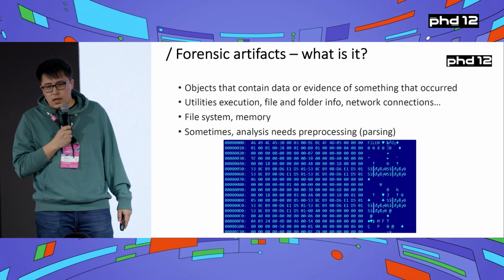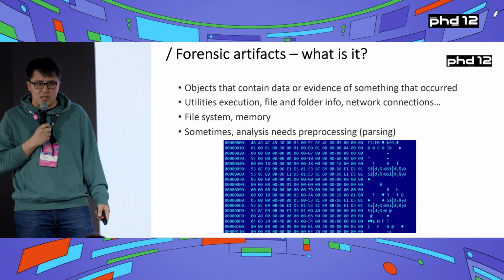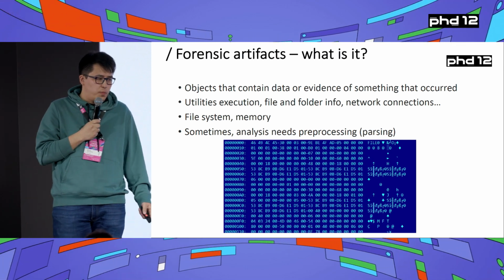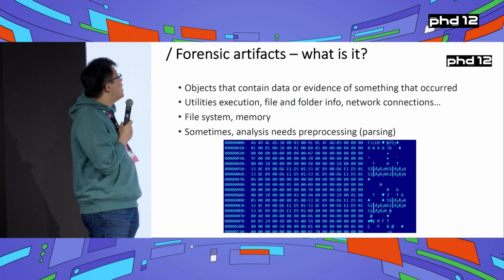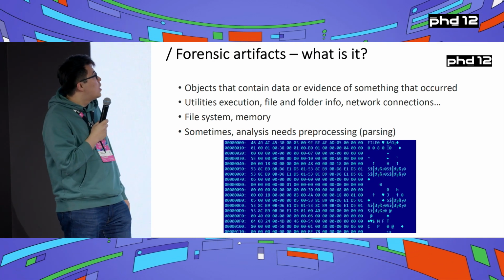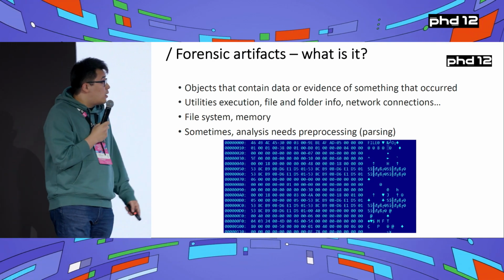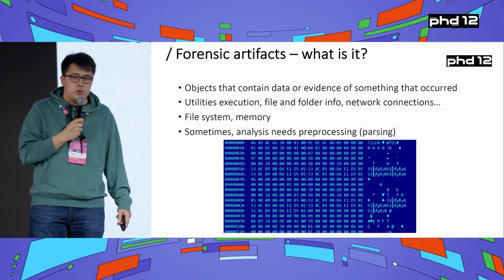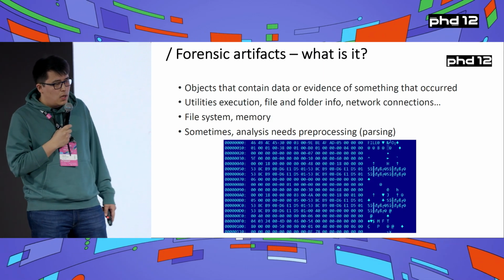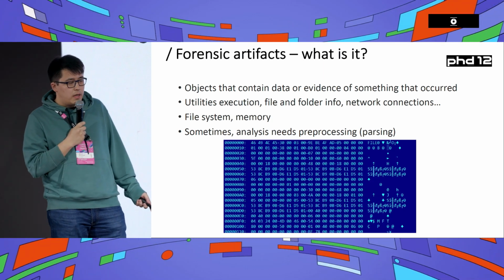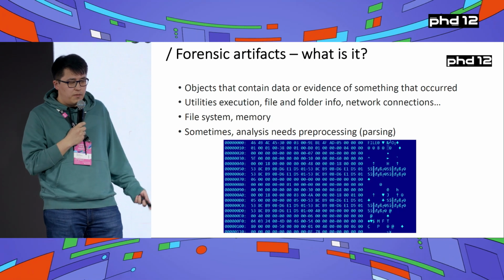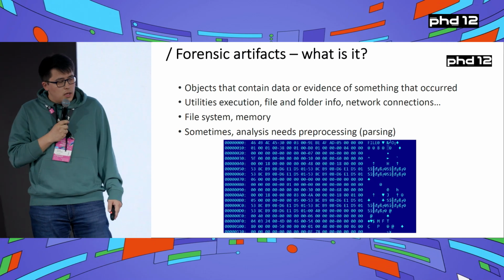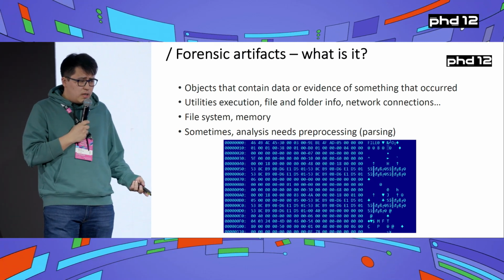Okay, what is an artifact? An artifact is an entity which might have some information, a digital trace on what was going on. They can have various types of information, like the launch of processes or utilities, the file information, creation of files or network connections.